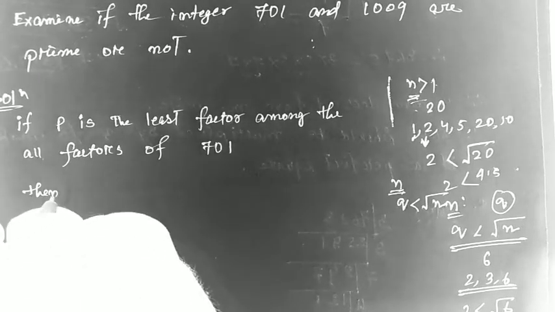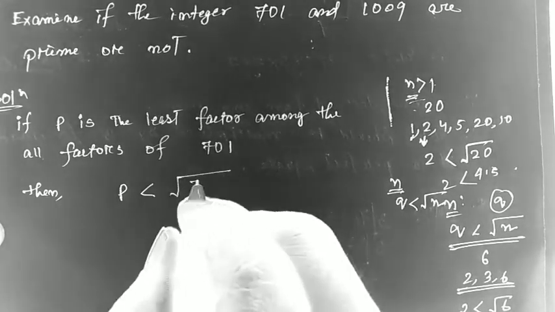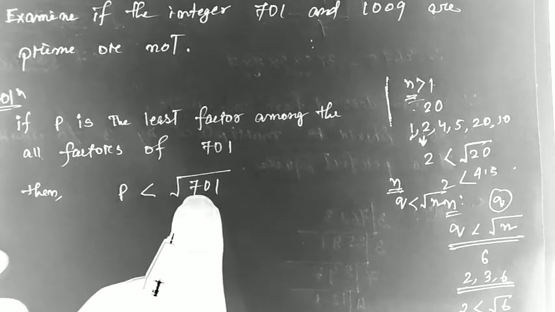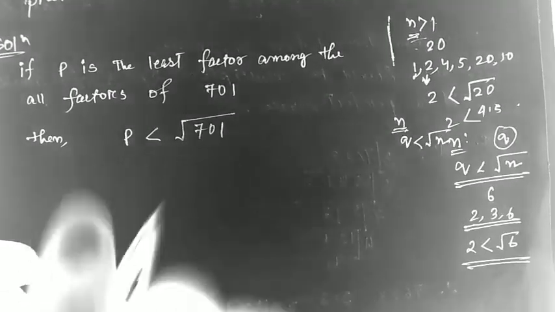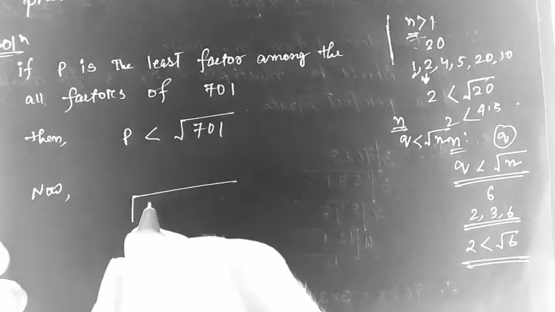Then what can you write? p is less than the square root of 701. This we can write from theorem number 12. So now we have to find the square root of 701. So try to find the square root of 701 now. How to find the square root of 701?